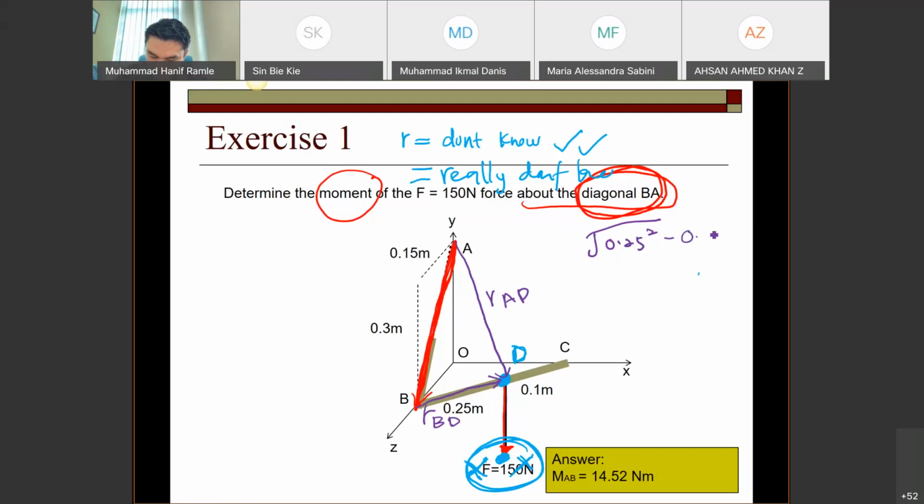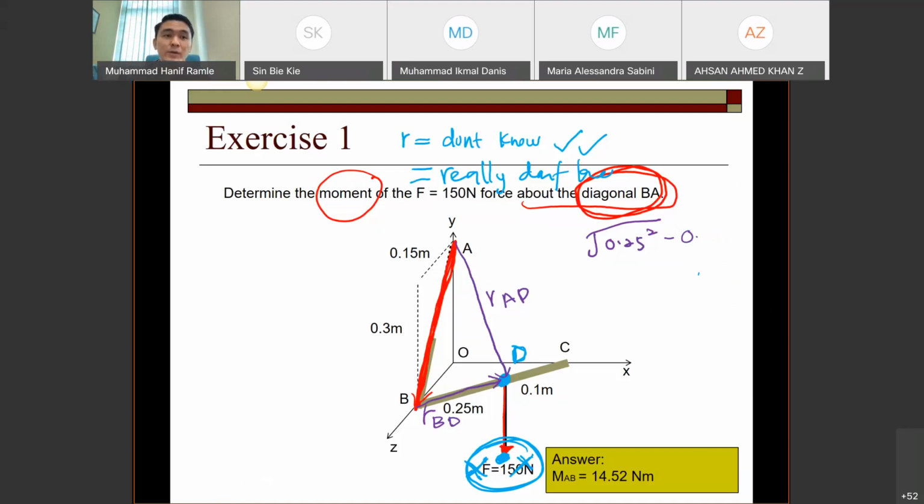Sorry, I got confused. Just a second. Any student? Li Jiaying, any idea on how to determine the RBD?